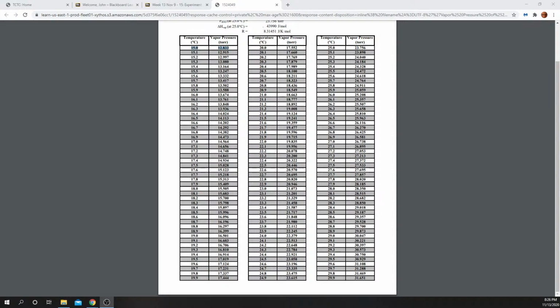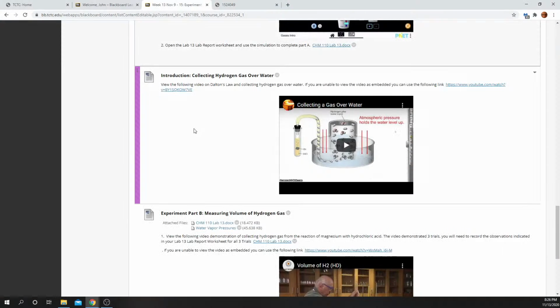Nevertheless, it is something you're going to have to take into account, because you're going to be collecting the hydrogen gas over the water, measuring the volume, measuring pressure, all that stuff. And you're going to have to subtract the water vapor pressure, so that you get the actual amount of hydrogen you produce accurately. Otherwise, you would overestimate how much hydrogen gas there is in there.